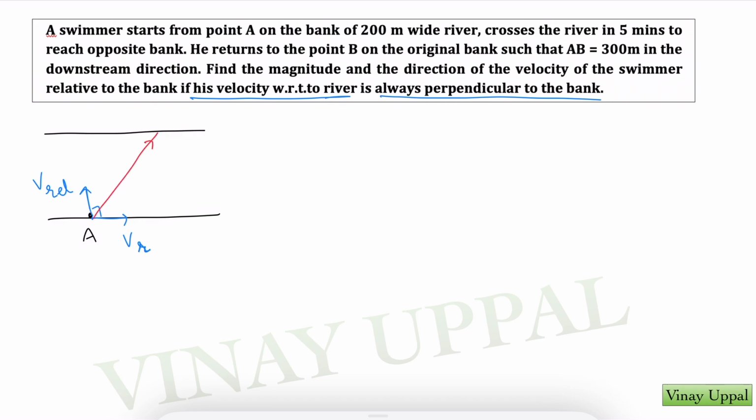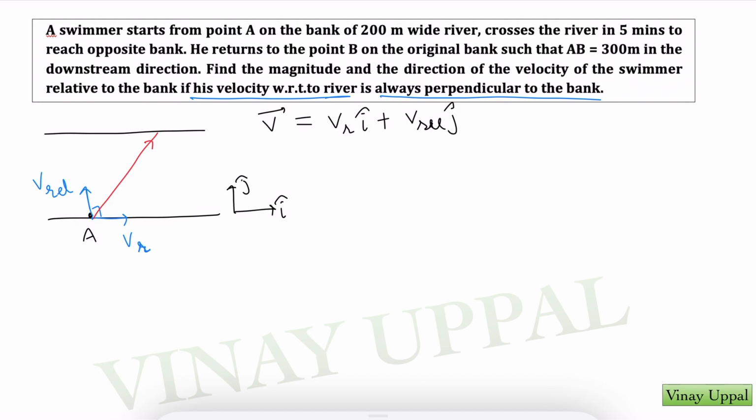Alright, so he is able to cross this 200-meter wide river in 5 minutes. So you should be able to see that the velocity of the swimmer, let me label that as V vector, in the ground frame, that is in the bank frame, will be equal to VR i cap plus V relative j cap. I'm taking i cap and j cap in this manner.